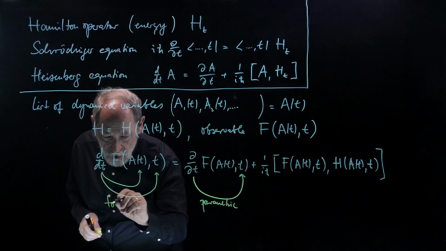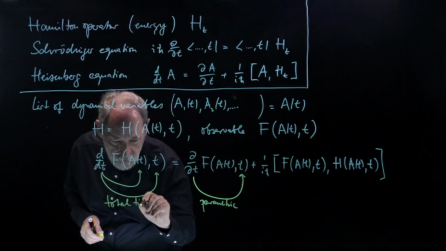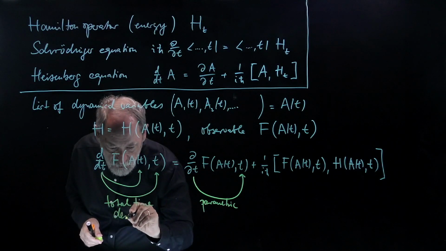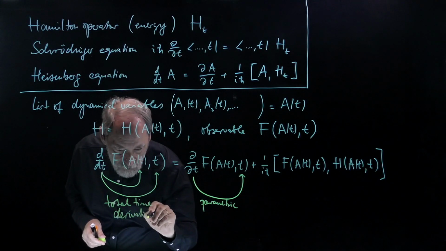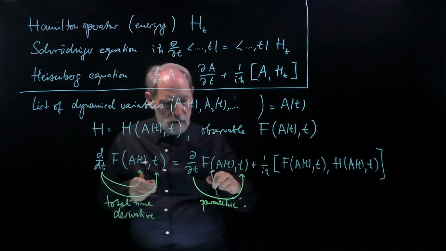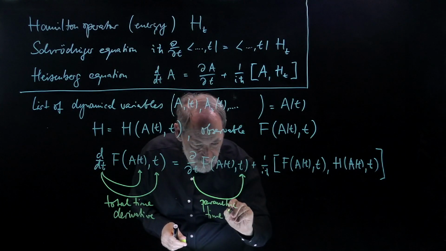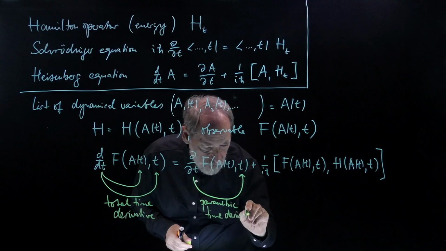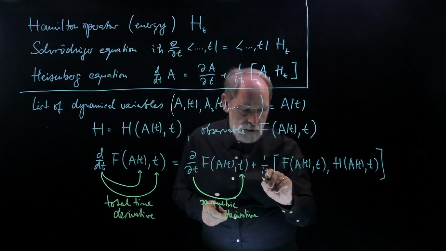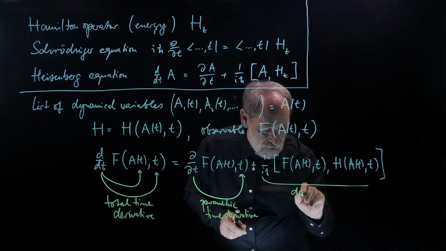So this is the total time derivative, which has two pieces, the parametric time derivative and the dynamical time derivative.